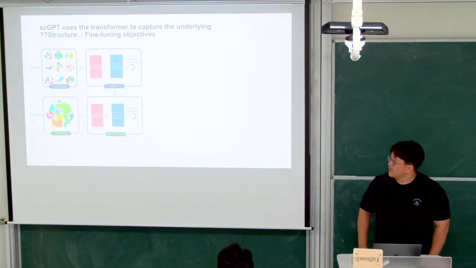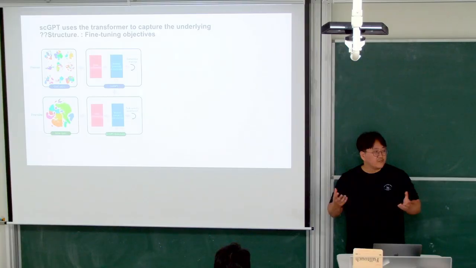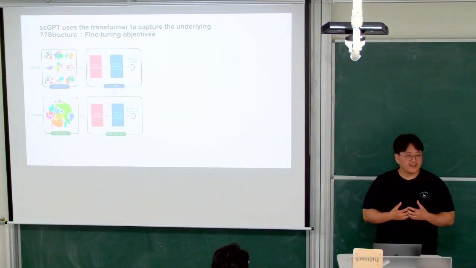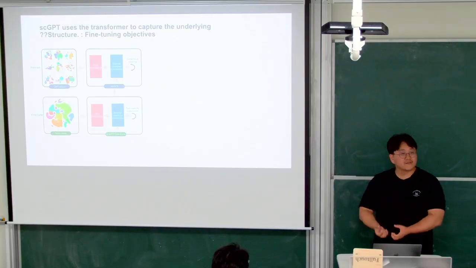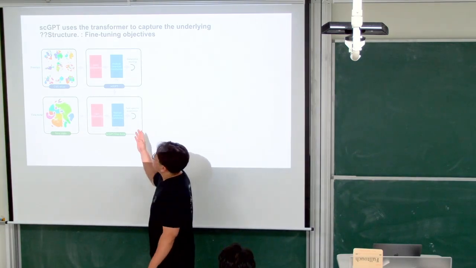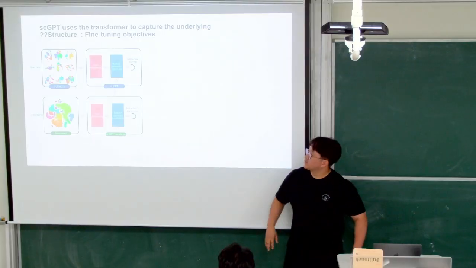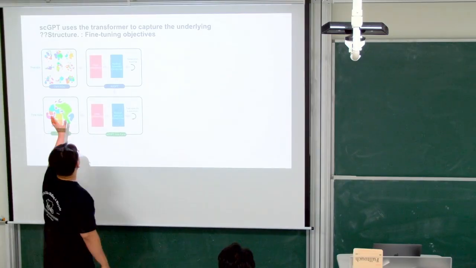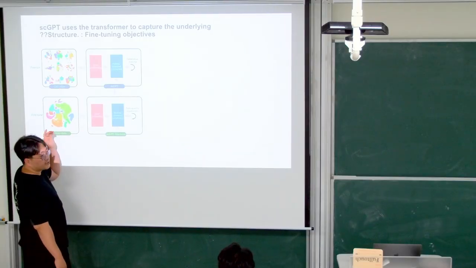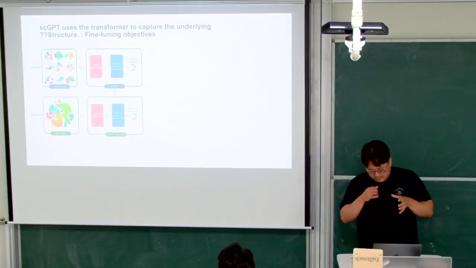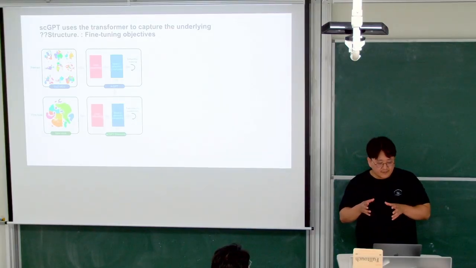But this is a pre-trained model, and we want to use our data. We want to extract some biological patterns from our data set. To do that, they suggest using the fine-tuning approach. This is our data, and we're going to use the pre-trained model structure and parameters, but we have to adjust the parameters a little bit.